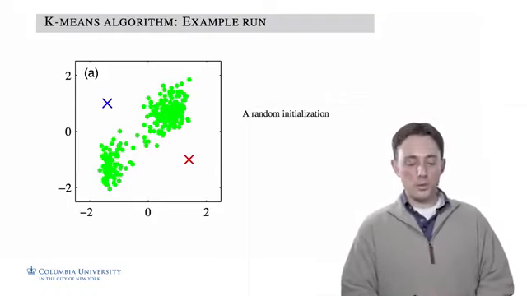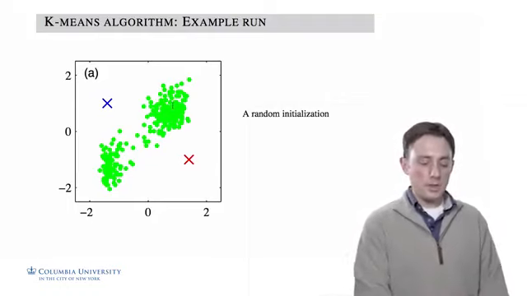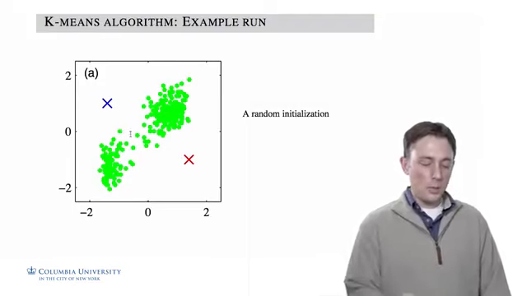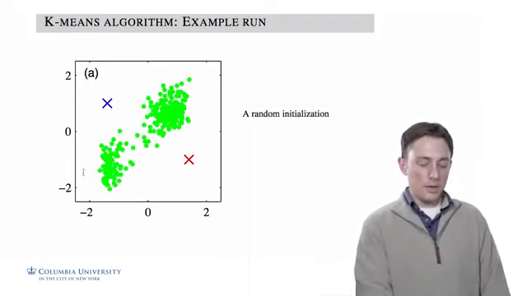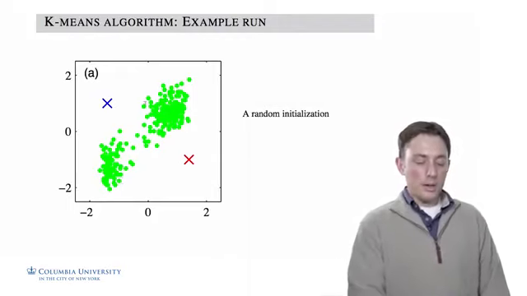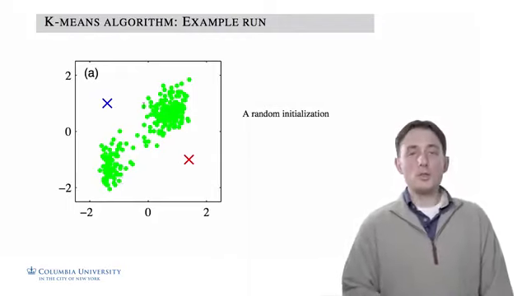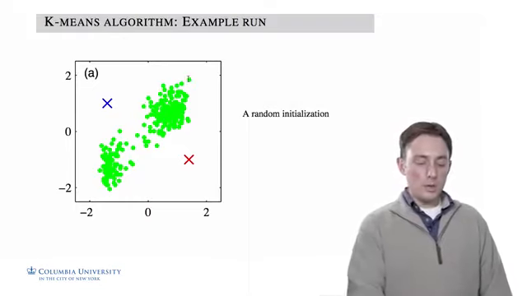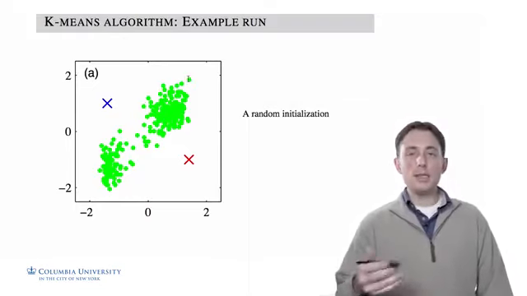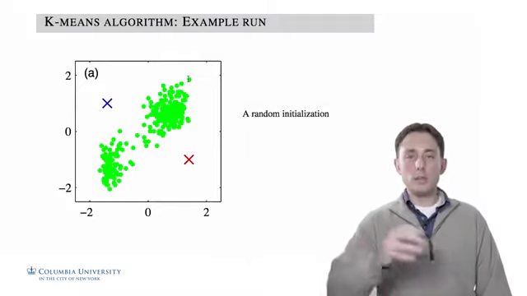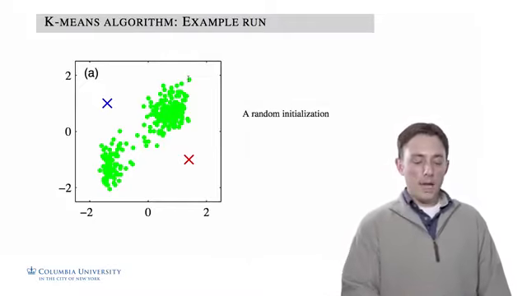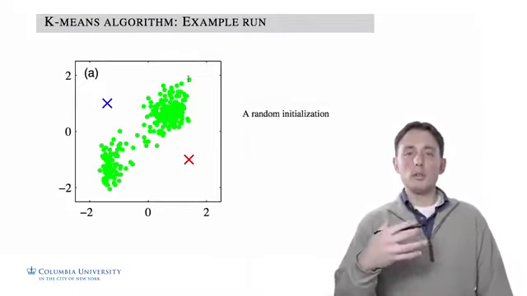So let's look at a walkthrough of this. Here's our data set. Each of these points is a two-dimensional vector shown here. And now we want to cluster these data into two clusters, meaning we want to output for each data point an index of whether it was in the first cluster or the second cluster. And we also want to output the two centroids.